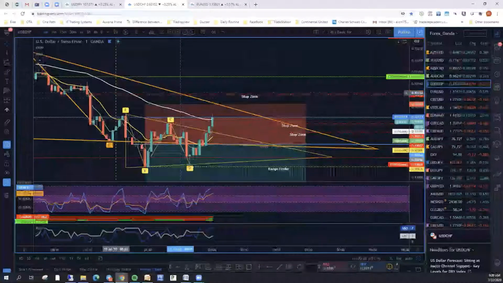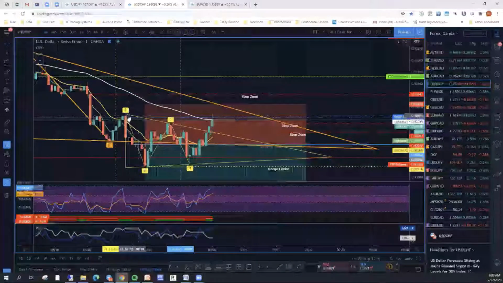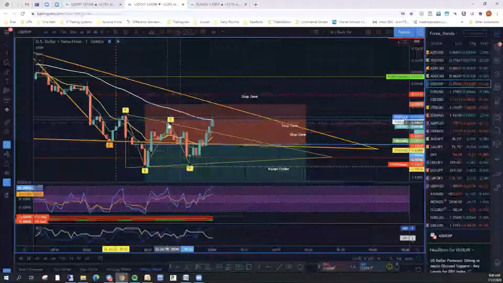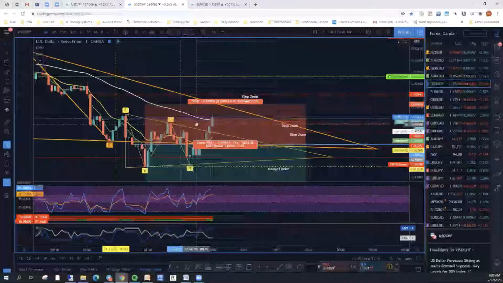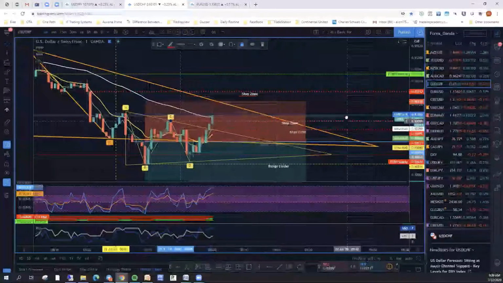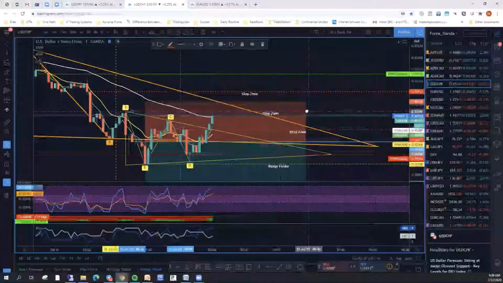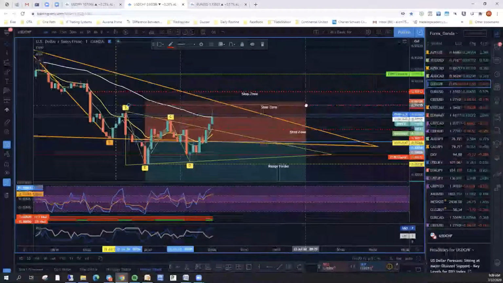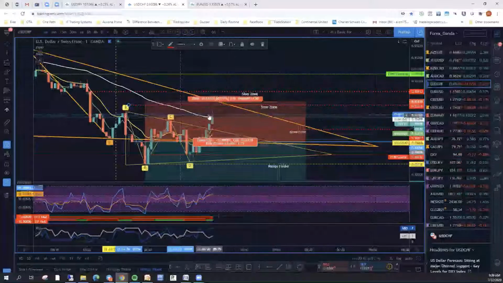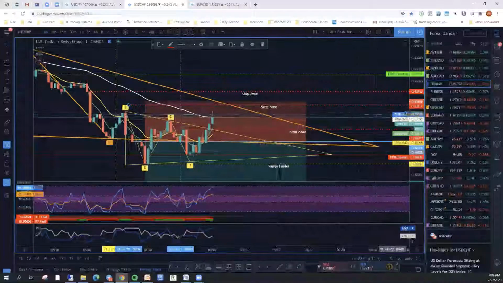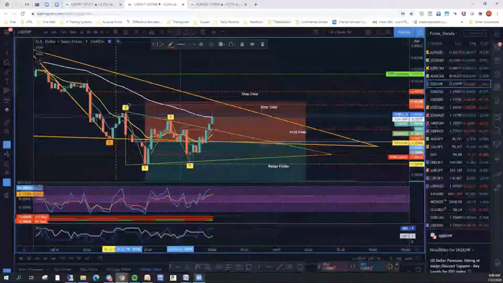Still needs to break through the top. Right now, it's still struggling with the top here. And we have a 2-minute blue candle right here, or 2-minute line.